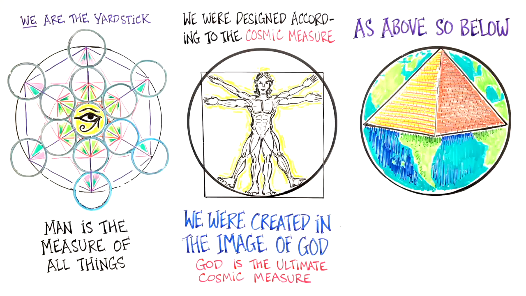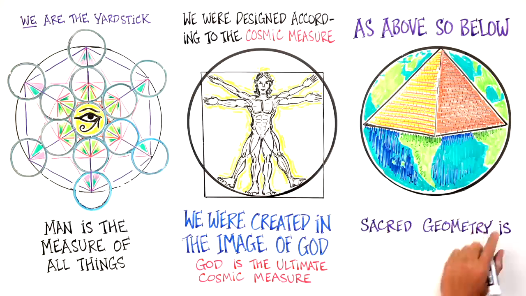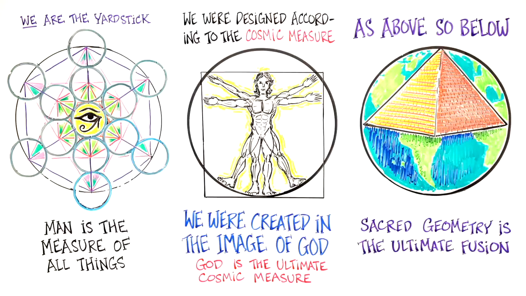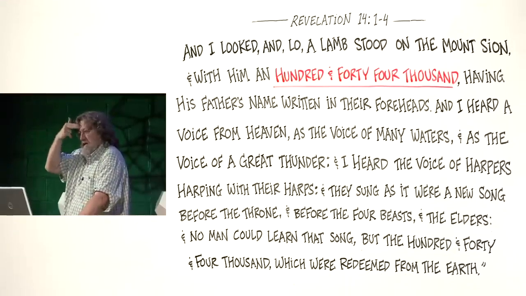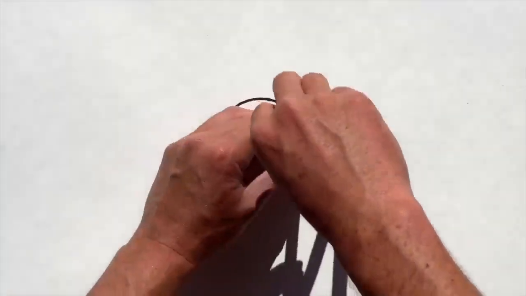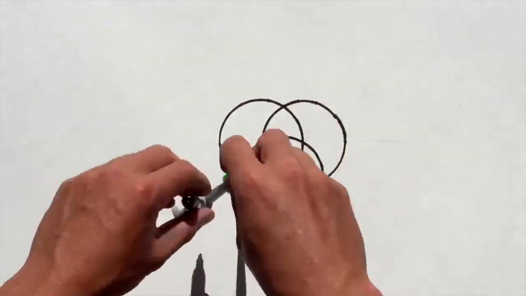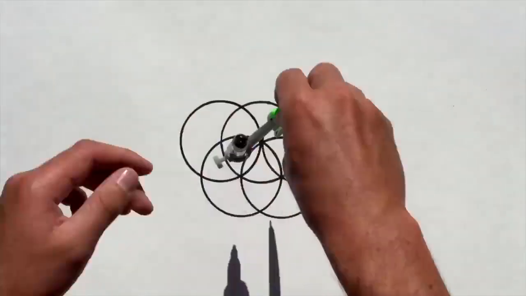And I think that's one of the implications of this: when we begin looking at our sacred geometry, we realize it's the ultimate fusion of all of these phenomena on all scales, and the ultimate symbol of all that fusion is we ourselves. And then, of course, ultimately it's our consciousness, because, like it said, with his name written in our forehead, what that means is that when you study sacred geometry, you're literally building an edifice in your consciousness.